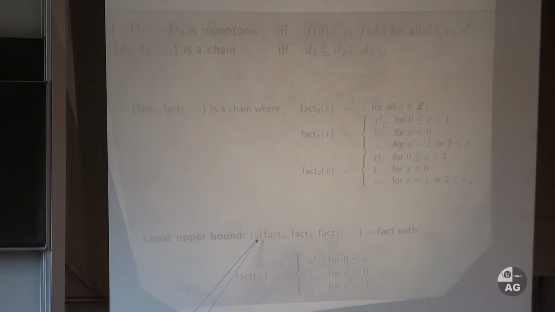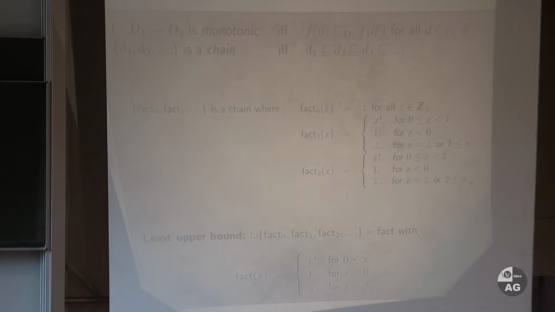And the least upper bound of this chain indeed is the factorial function. So it's fact, which is undefined for the argument undefined, which is 1 for negative numbers, and which computes the factorial for positive numbers. So this is what we would like to do. And then, of course, the question is, does such a chain always have a least upper bound? So no matter which chain I have, do I always have a least upper bound?